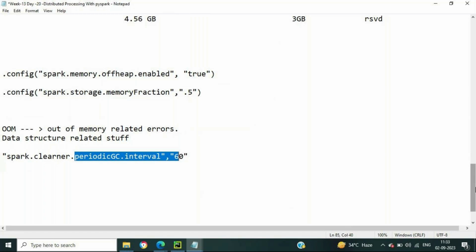Once the objects which are not in use are cleared, we will be able to boost the performance. With respect to this cleaning, there are certain other parameters as well, like tracking and blocking shuffle. I will share them once we have a detailed discussion on garbage collection.